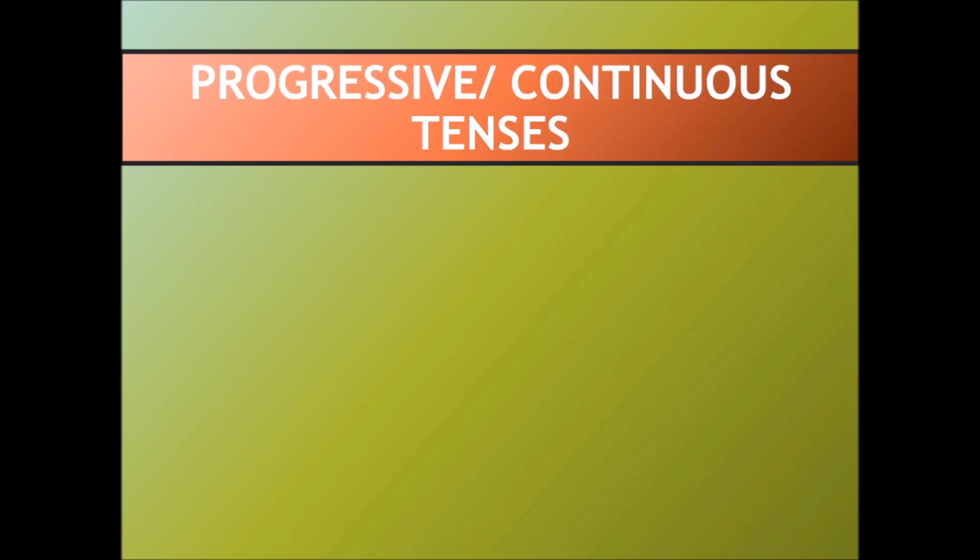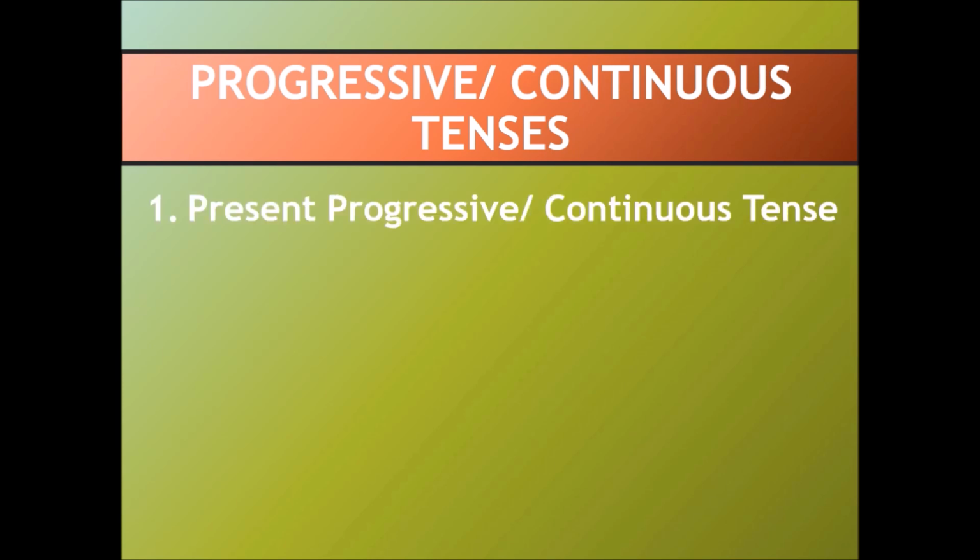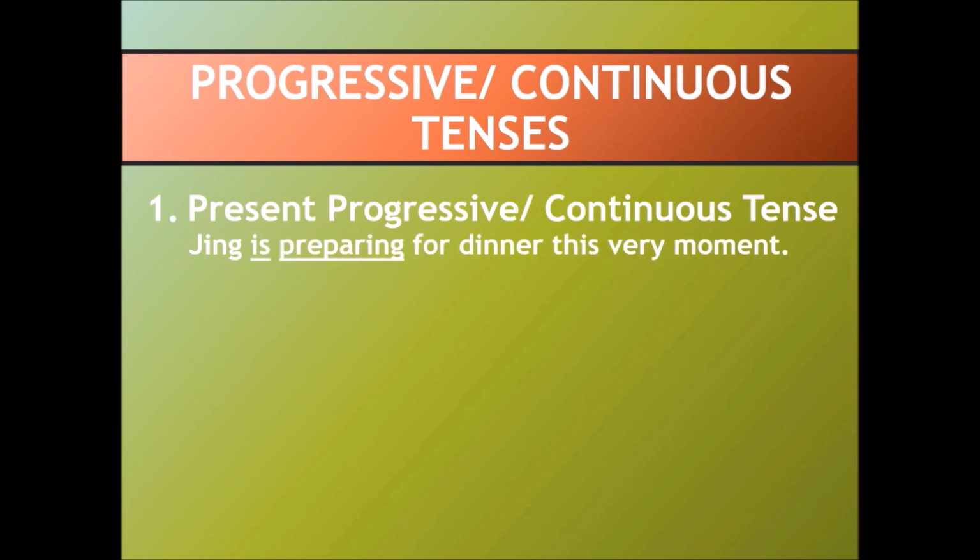The third group is the progressive or continuous tenses, starting with the present progressive or continuous tense. Example here is Jean is preparing for dinner this very moment, where is is the helping verb for the main verb preparing.